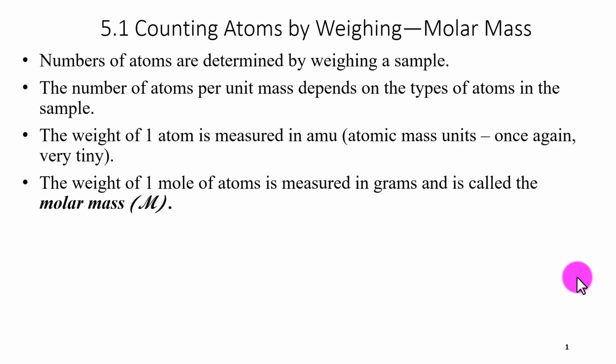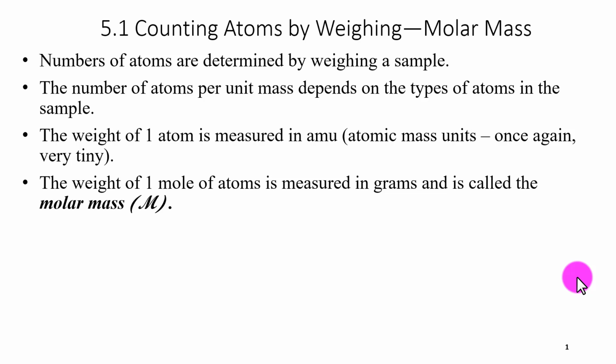One atom of hydrogen, therefore, weighs a lot less than, let's say, an atom of iron, because iron is much further in the periodic table than hydrogen, which is element number 1. You can also deduce that a dozen atoms of hydrogen weigh less than a dozen atoms of iron or lead, because one atom weighs less and 12 atoms are going to weigh less than 12 atoms of lead.